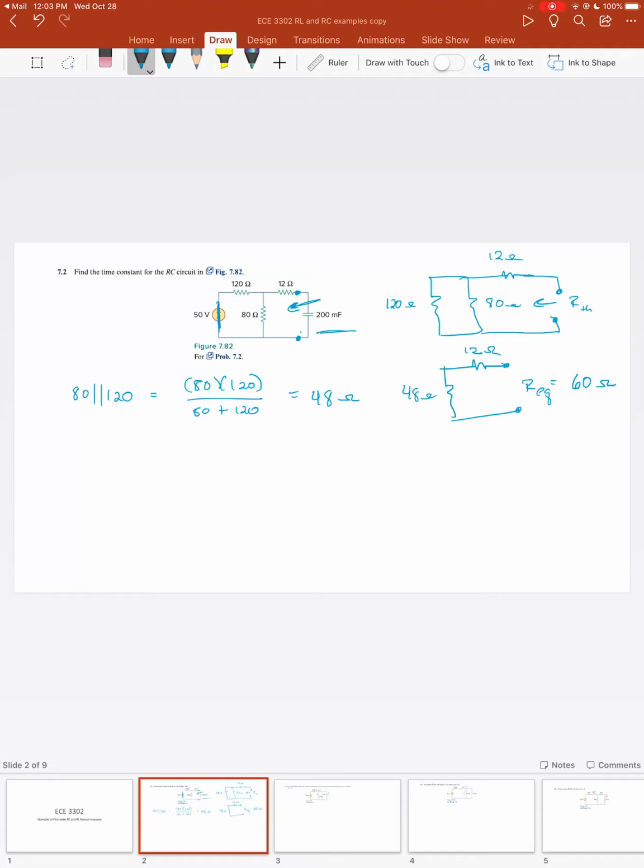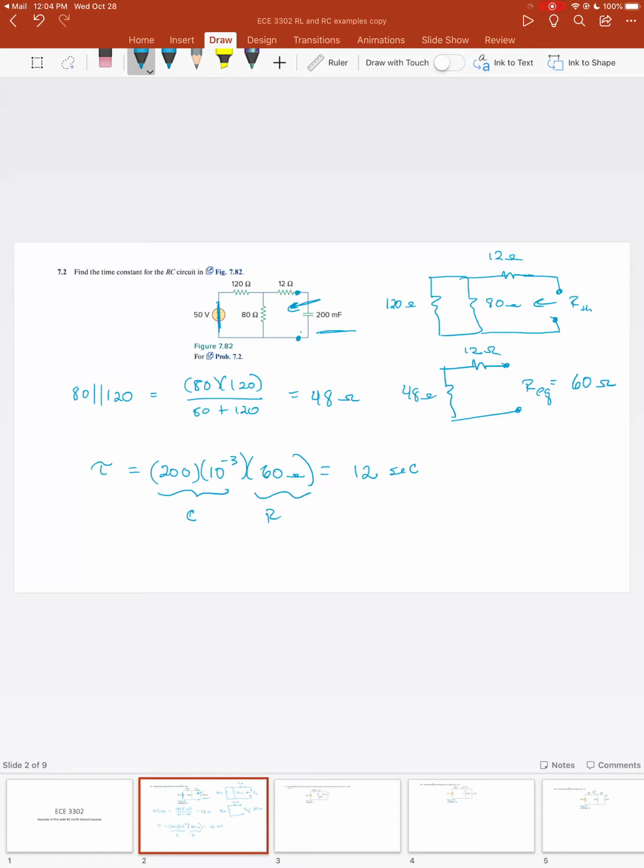Alright, which means our equivalent R is 60 ohms, and our capacitance is 200 millifarads. So tau, our time constant, is 60 ohms times 200 millifarads. We'll go ahead and move to scientific notation here. And then this is my C, and this is my R. When I multiply those together, I should get 12 seconds.